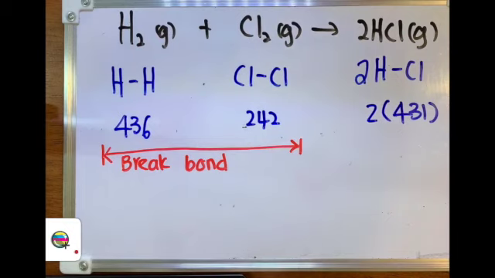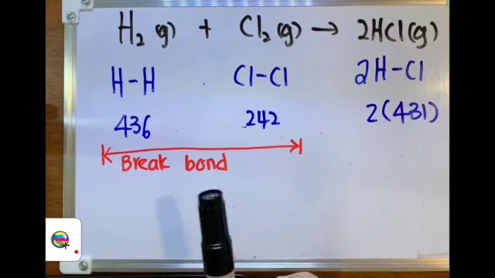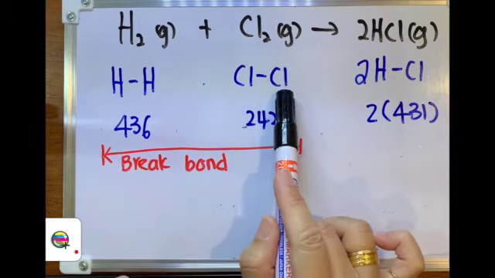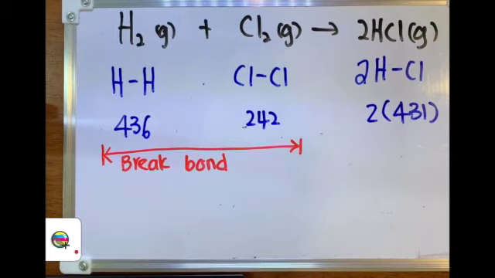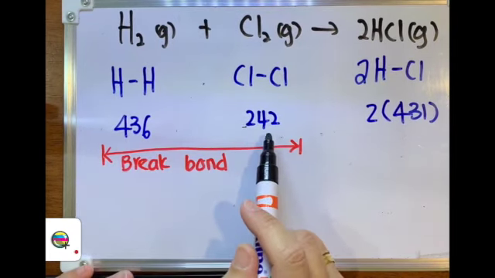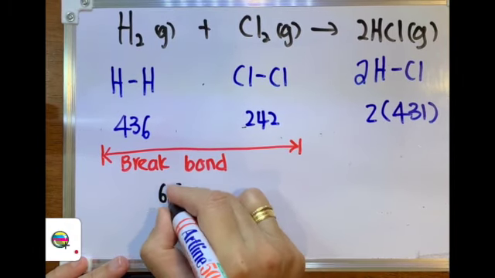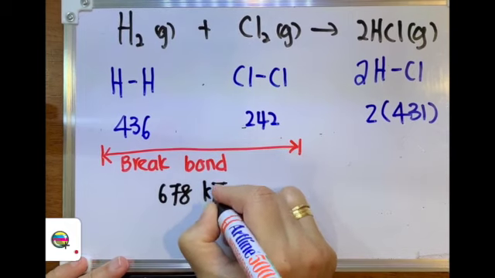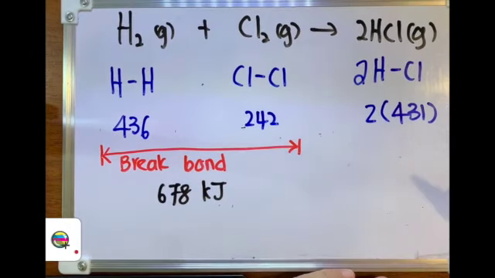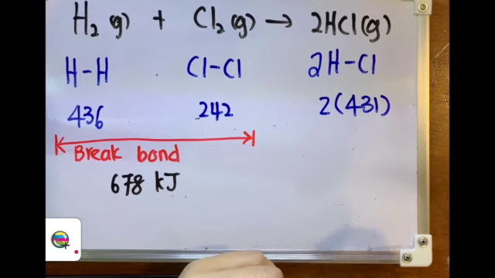So the total energy absorbed to break the hydrogen single covalent bond and chlorine single covalent bond will be the total of 436 kilojoule and 242 kilojoule, which means a total of 678 kilojoule.